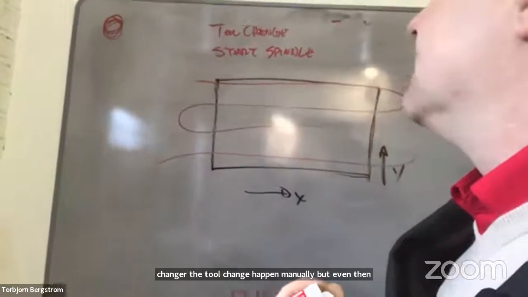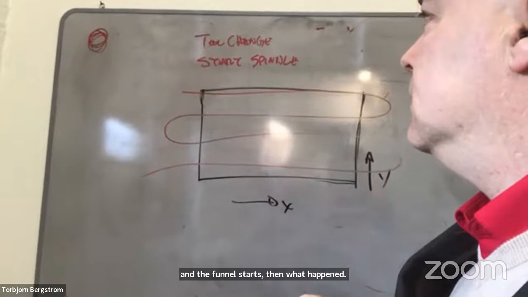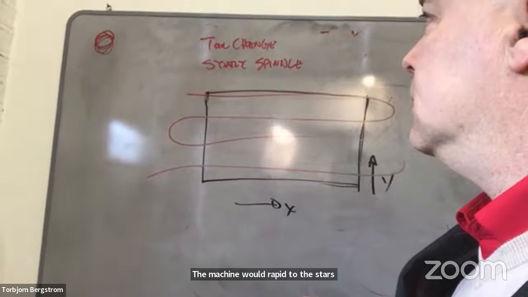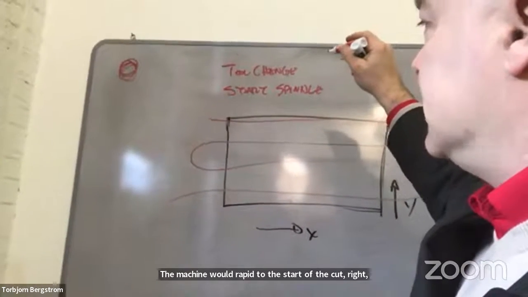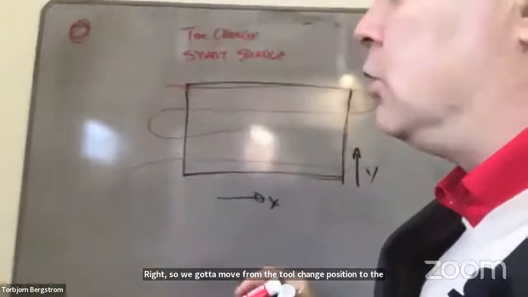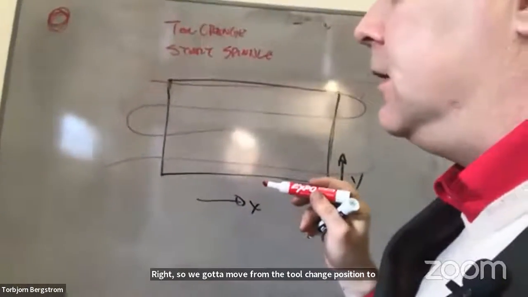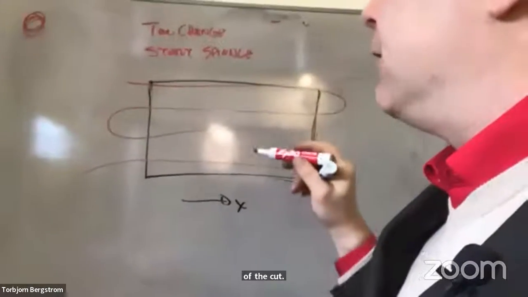Then what happens? The machine would rapid to the start of the cut. Right, so we've got to move from the tool change position to the start of the cut. Does it go rapid right to the start of the cut? No. Or does it rapid to some position that's a little bit away from the start of the cut?